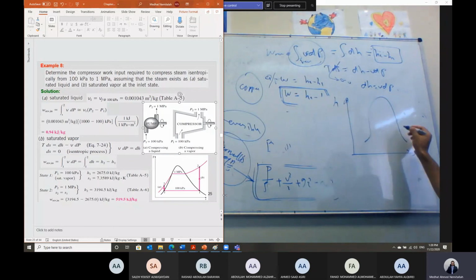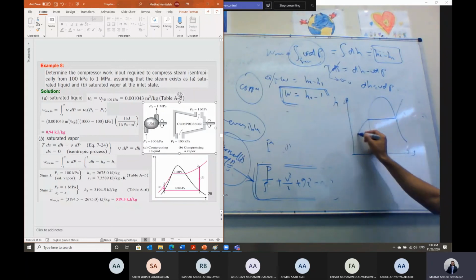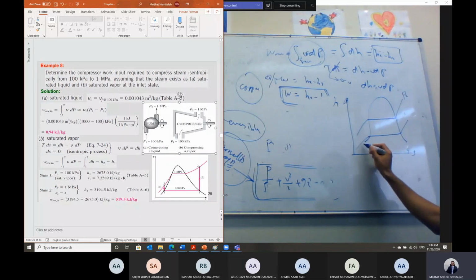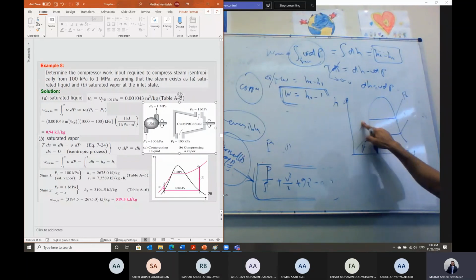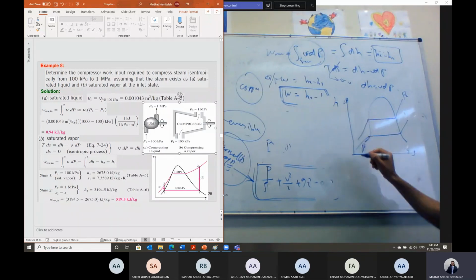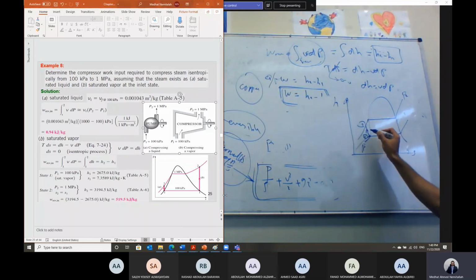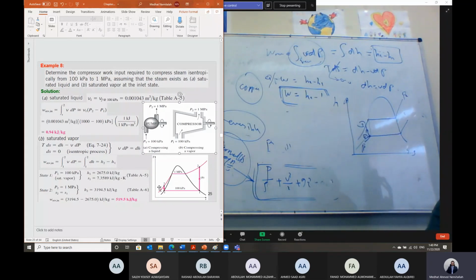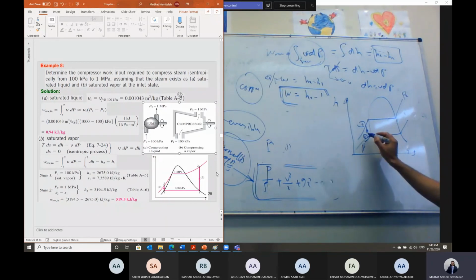This is the saturation curve, and this is the line of pressure P2. This is the line of pressure P1. Usually the pressure lines have a steep gradient here. So if it is saturated liquid, you can look here between the two lines of pressure. This is state 1 and state 2. And the process is isentropic, so it is just a vertical line from state 1 to state 2. If it is saturated liquid, this is the liquid state.